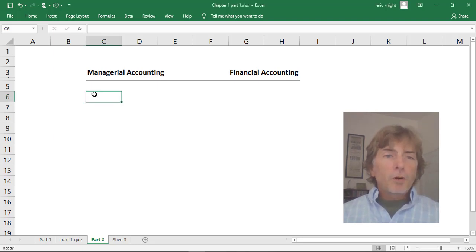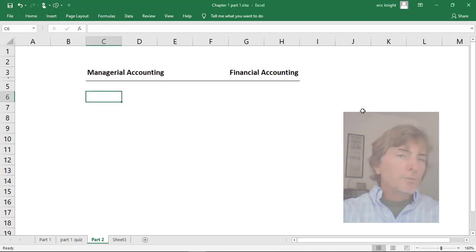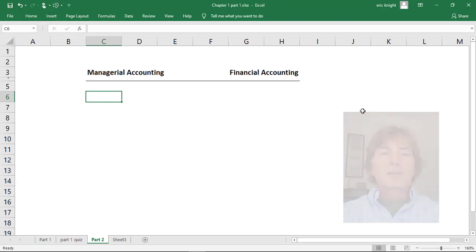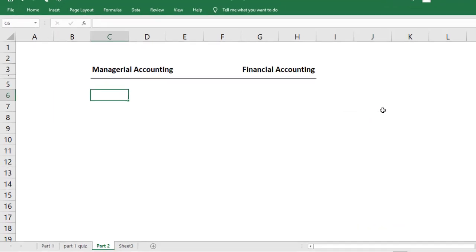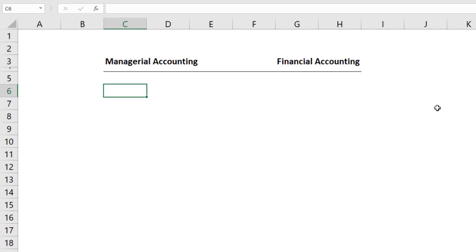And the most important and key difference between the two is who the user is. So the user is the key difference between these. Managerial accounting focuses on a user that's internal. By internal users, we mean managers, employees, people who are associated with the business because they have some type of job or some type of contract with the business.